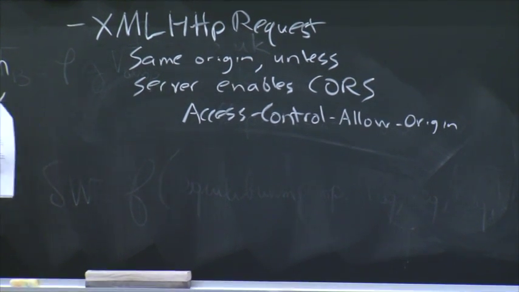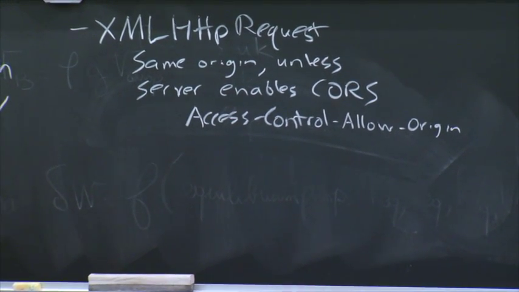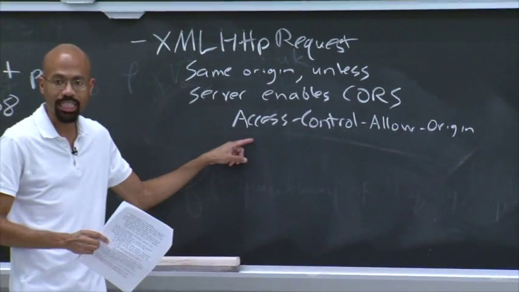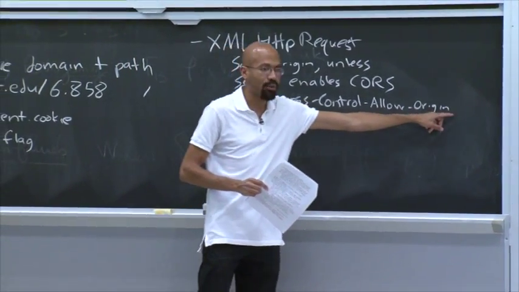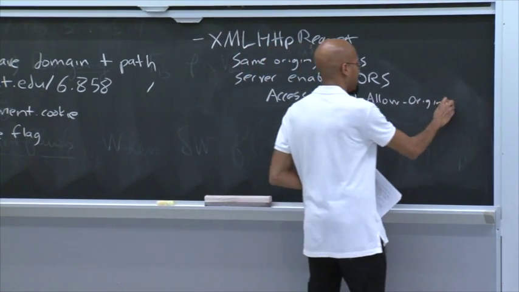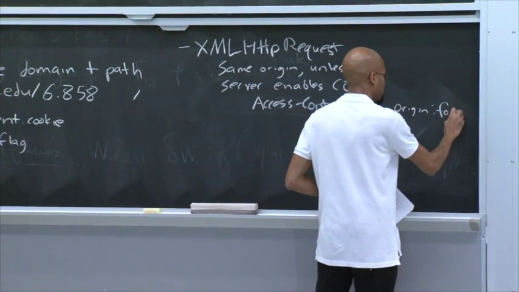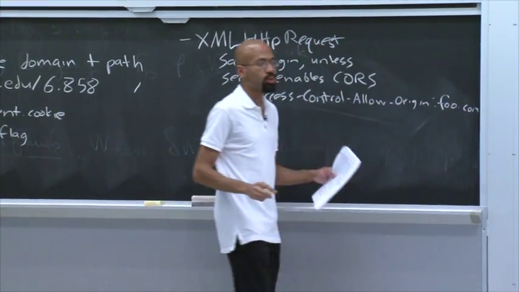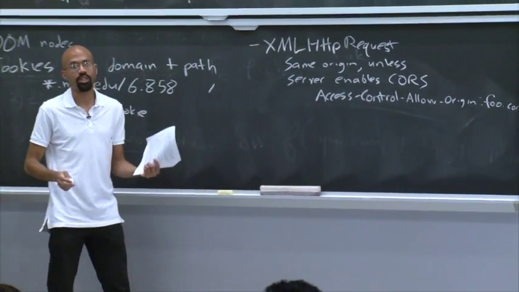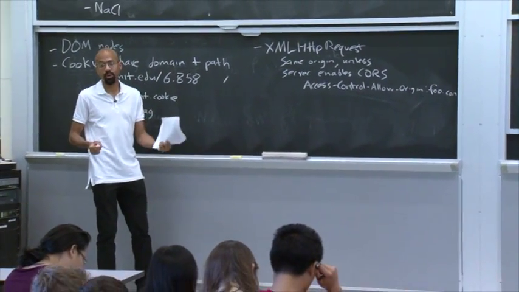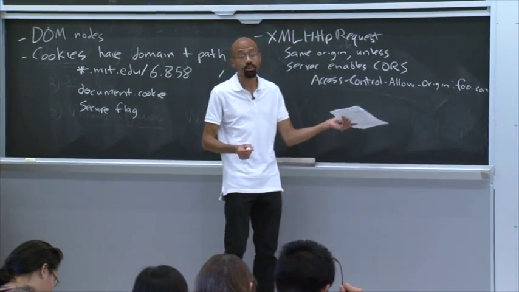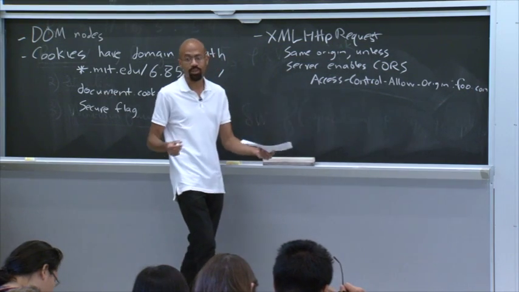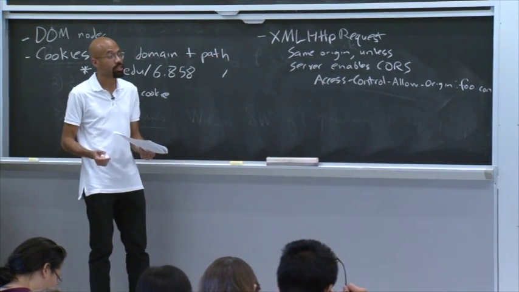So if the server in bar.com wants to allow this, it will return in its HTTP response this header here that's going to say, yes, I allow, for example, foo.com to send me these cross-origin XML HTTP requests, right? The server in bar.com could actually say no. It could refuse the request, right? In which case the browser would sort of fail the XML HTTP request.